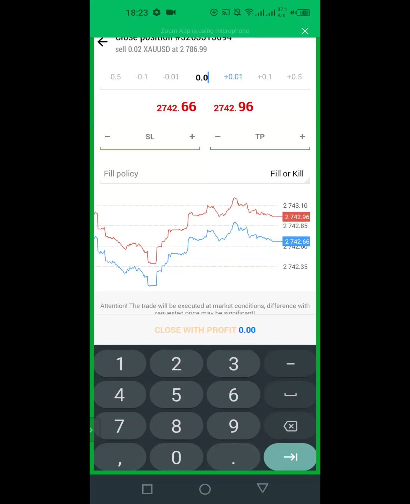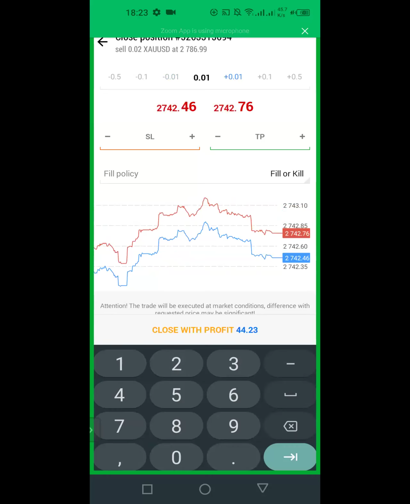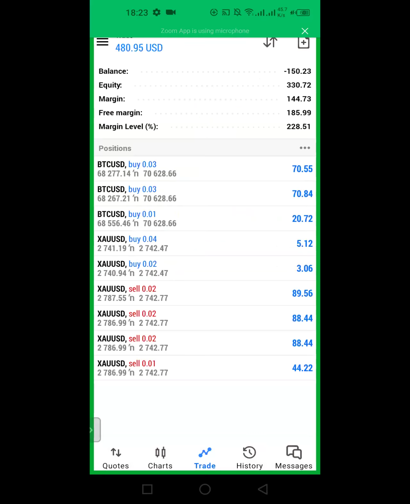But if I now reduce, because I want to take half of my profit, I will reduce from 0.02 to 0.01. Then I'm going to close. Once you close it, your trade itself will not close. It will only take that $40 and add it to your current balance, right? Look at it now. It has removed 0.01 out of my profit and I'm left with $44 profit.